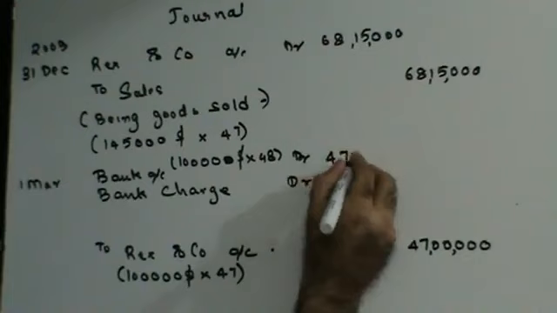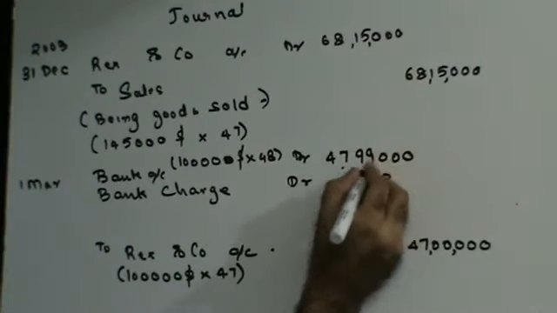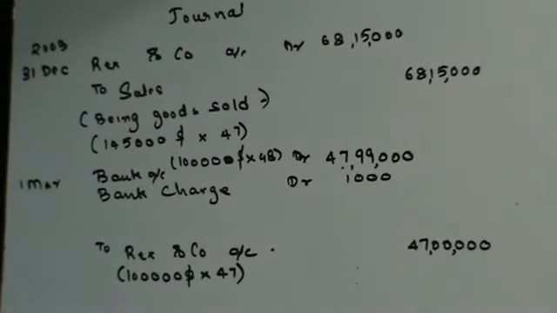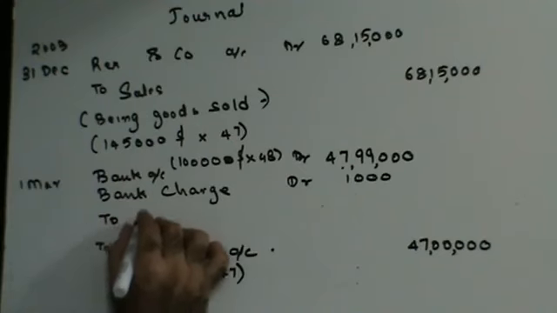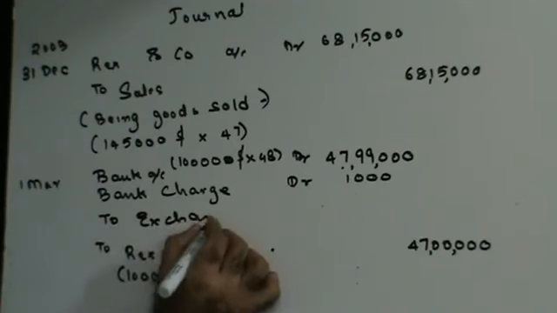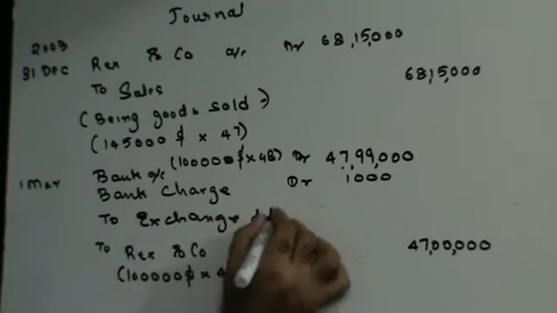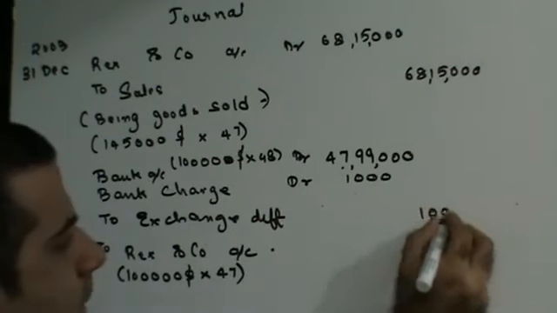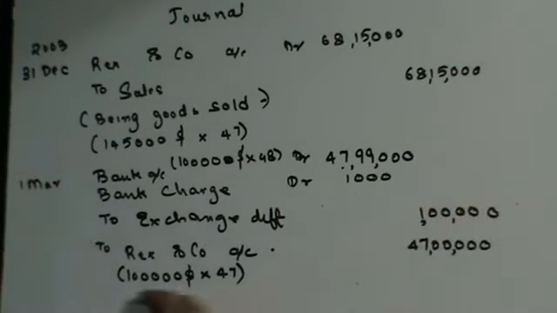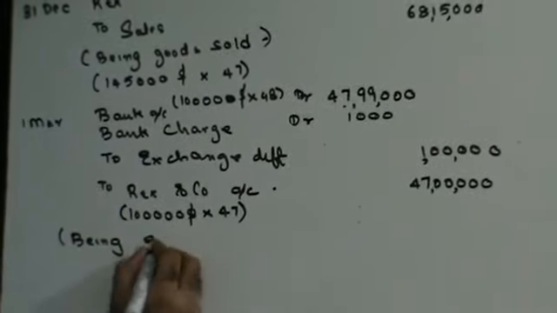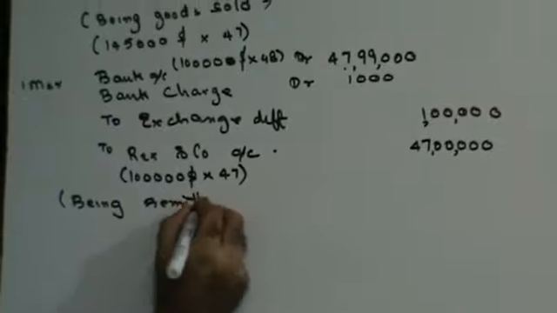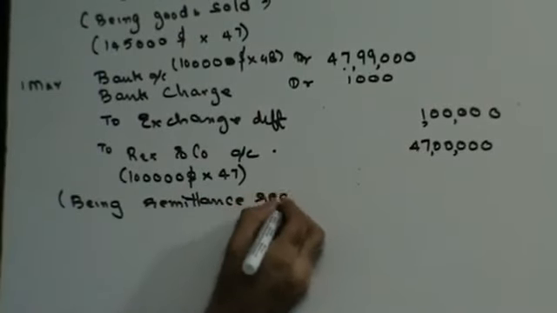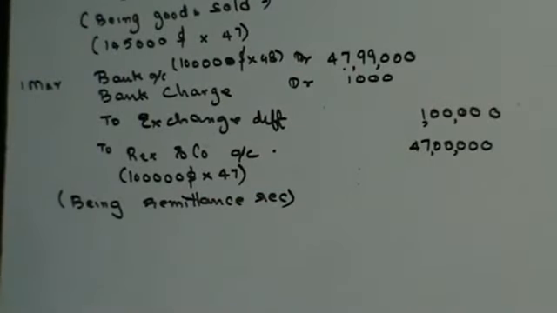Now you have 48 lakhs on the debit side, 47 lakhs on the credit side. Difference 1 lakh to exchange difference, 1 lakh, being remittance received. That was 1st March. Let's move on ahead.